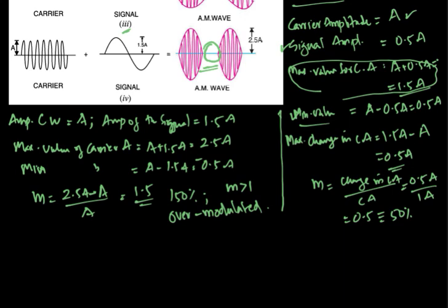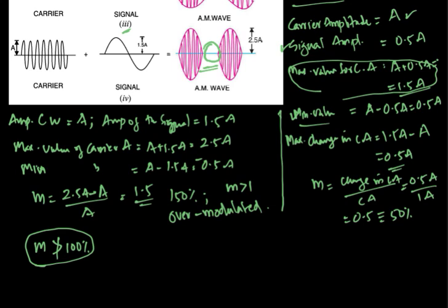So in any amplitude modulation, the modulation factor is important, and it is to be remembered that the modulation factor should never exceed 100%. If it exceeds 100%, then distortion in the wave occurs at reception. And if m is too small, then the amount of carrier amplitude variation is small.